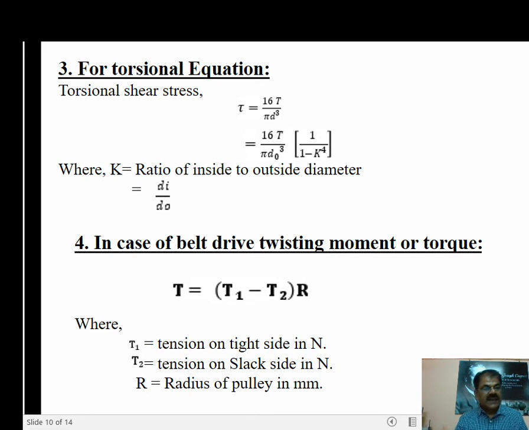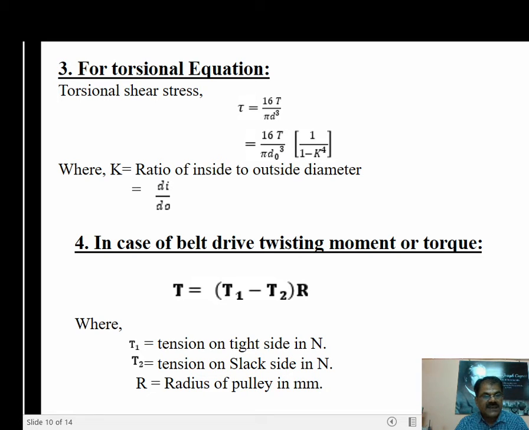Then the fourth one is, in the case of a belt drive, the twisting moment or torque. T is equal to T1 minus T2 into bracket R. What is T1?